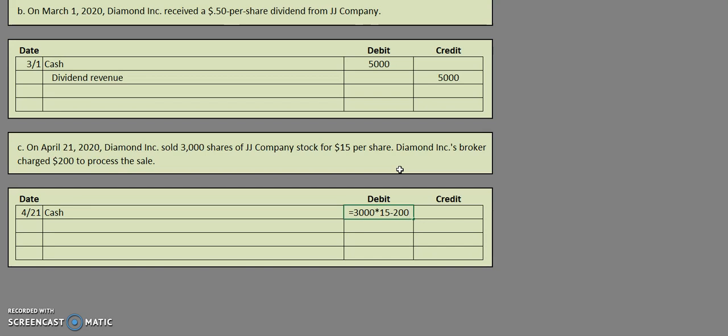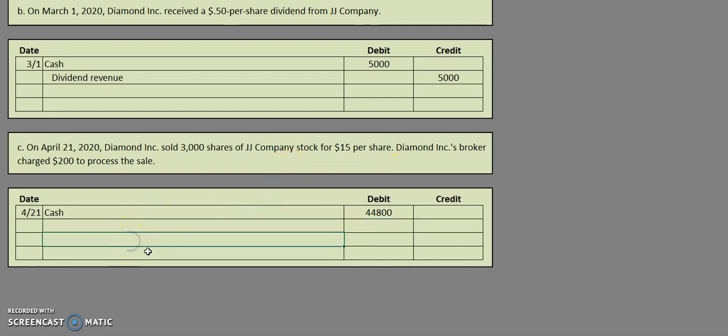That cuts into the amount of cash we receive, so you have to decrease your amount by $200. In reality, we're only getting $44,800 instead of the normal $45,000 that we would get if we didn't have to pay that brokerage fee.